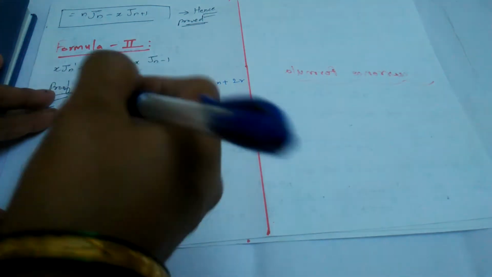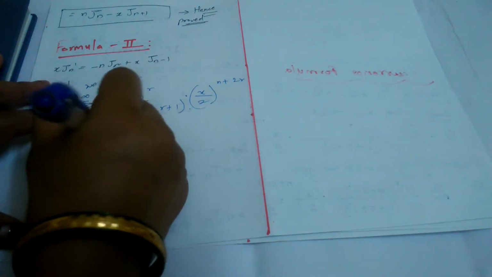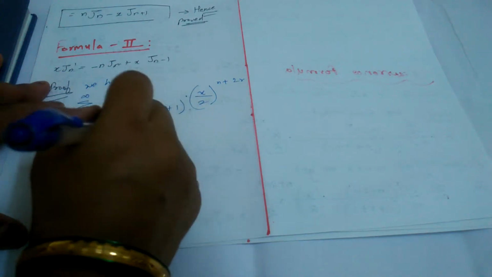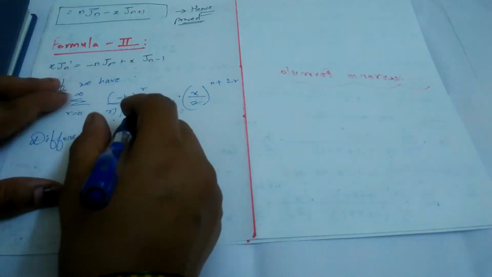Now again same thing, differentiating with respect to x. For most of the formulas we need to differentiate with respect to x, and for further formulas we will take formula 1 and formula 2 and proceed further.